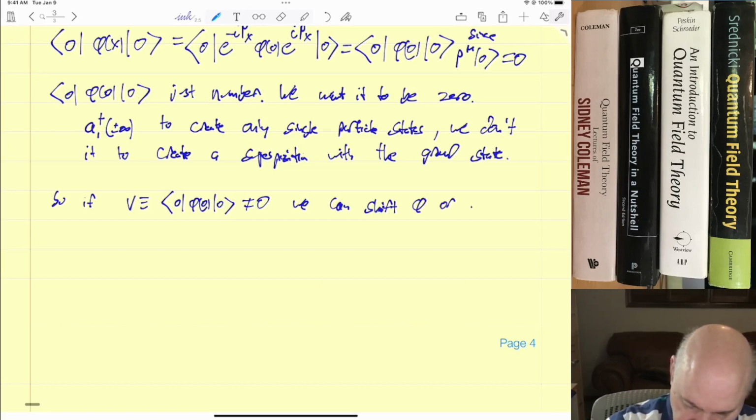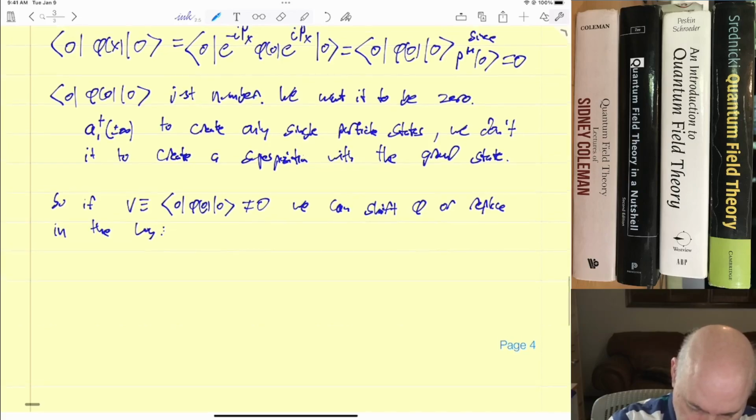So in the Lagrangian we're going to have phi go to phi = phi prime plus v.